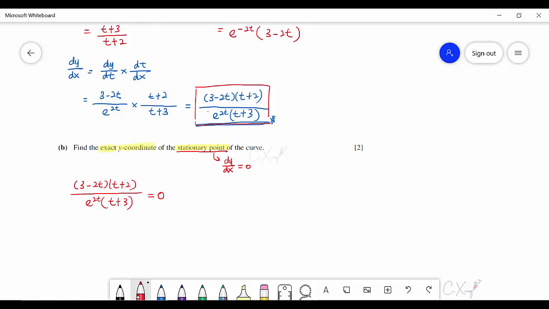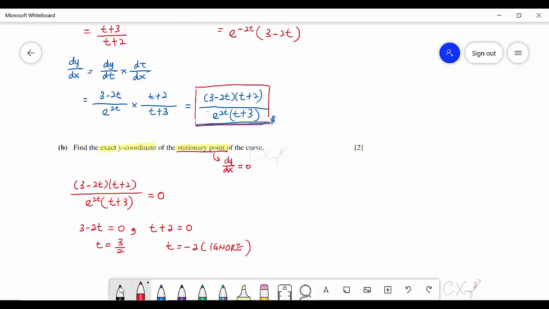After that, I will get two brackets on top: 3 minus 2t equals 0, and also t plus 2 equals 0. Therefore, I have t equals 3 over 2, and also t equals negative 2. I will ignore t equals negative 2.